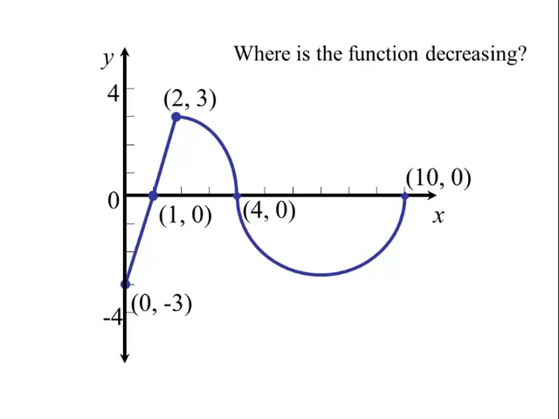Where's this function decreasing? That's a negative slope. That would be all of this. So there's one region where the slope is negative, and that's between 2 and 7.